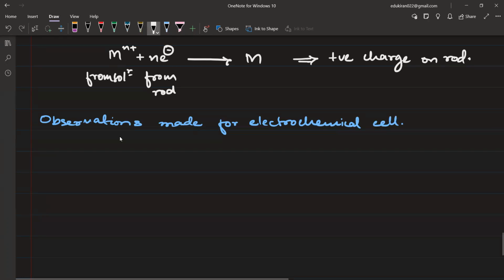First, we saw in zinc that the mass of zinc decreased. So rather than writing that the mass of zinc rod decreases, we will write that the mass of anodic rod decreases.